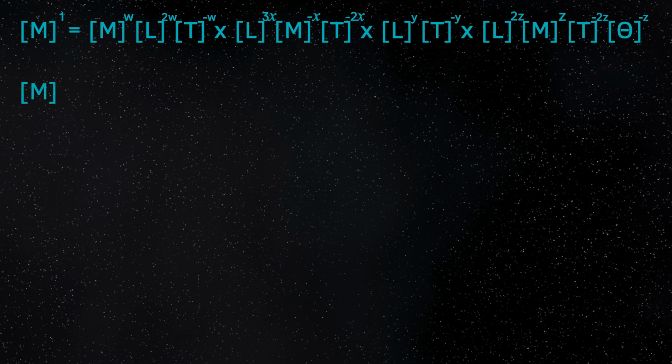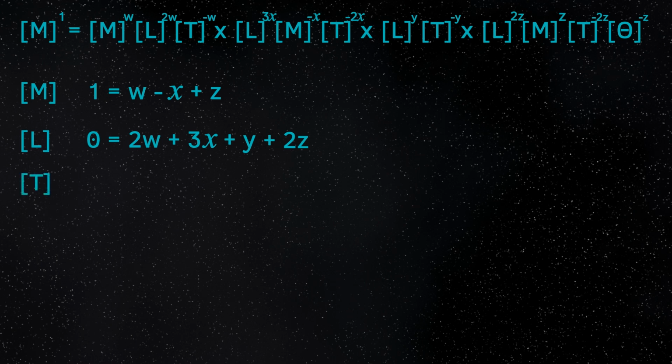Because I've got M over here, I've got M to the 1, so 1 equals w minus x plus z. For L, 0 equals 2w plus 3x plus y plus 2z. For T, 0 equals minus w minus 2x minus y minus 2z. And for theta, 0 equals minus z.